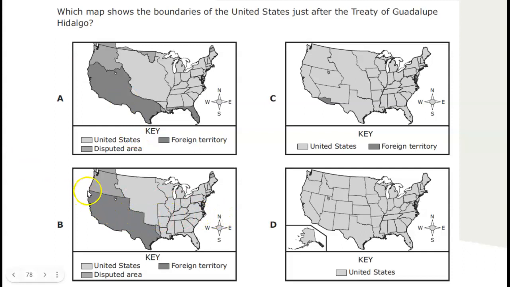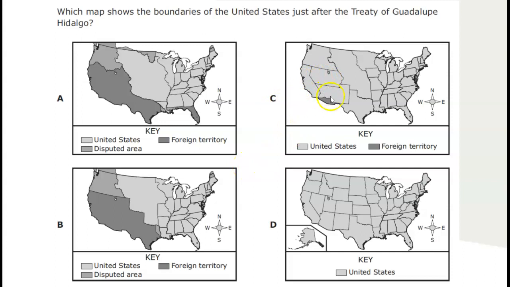Is it B, where the border is right there at Louisiana? Is it C, where it's everything but the Gadsden Purchase, which belongs to Mexico? Or is it D, the entire United States? This one's tricky. After the Treaty of Guadalupe Hidalgo.